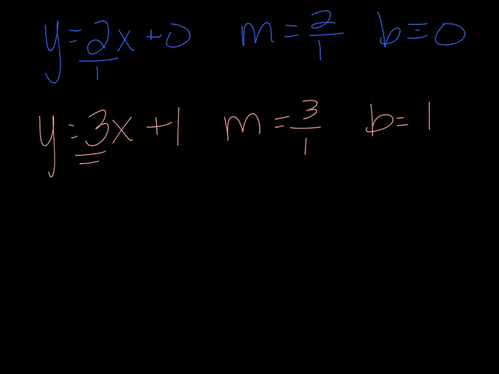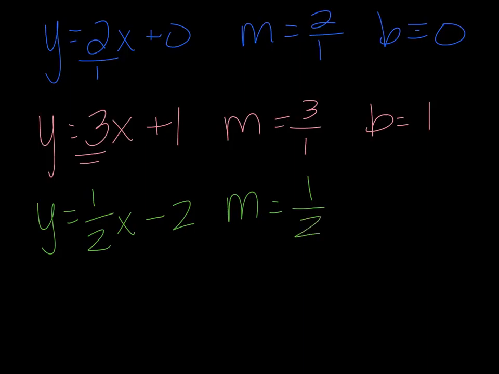If we had y equals 1/2 x minus 2, our m is 1/2. That means we're rising 1 and going right 2. And our b would be negative 2, since that's a minus 2.